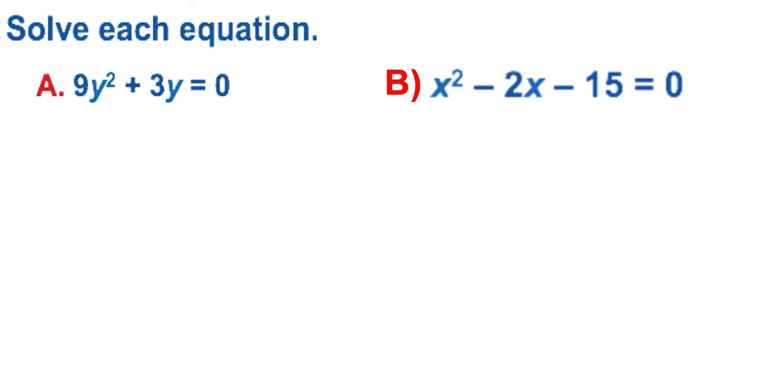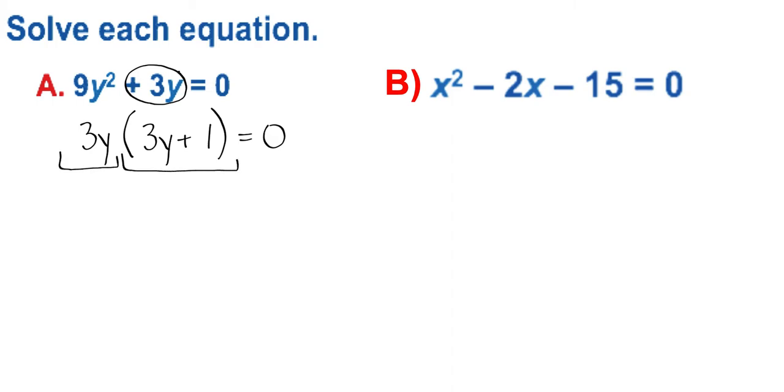So for A, I want to take out a 3y because both of those are sharing a 3y. After I take that out, I write what's left in parentheses behind it. Remember here, when we take that 3y out, we're left with a 1 because it wouldn't just go away. And then from there, we have to set each piece equal to 0 to get our two solutions.